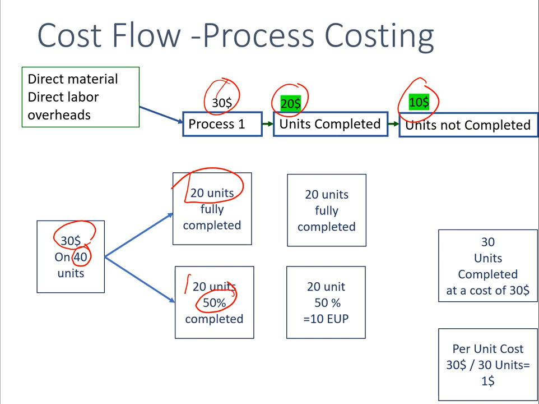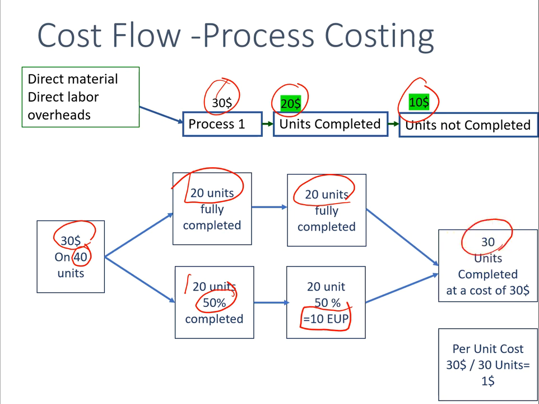So here we will have EUP. 20 units fully completed, your EUP is 20 units only. But 20 units 50% completed, your EUP is 10. So what is your total EUP? Your total EUP is now 30 units.